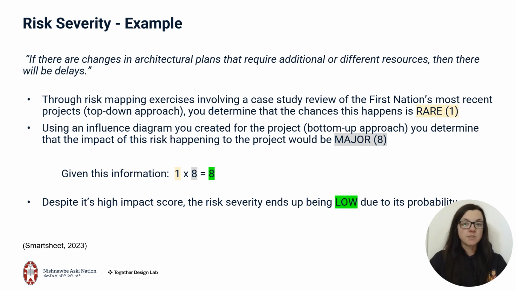Using an influence diagram you created for the project as part of the bottom-up approach we learned earlier, you determine that the impact of the risk happening to the project would be major. Given this information, you rank the probability at 1, the impact at 8, and you reach a risk severity score of 8. Despite its high impact score, the risk severity ends up being low due to its probability.